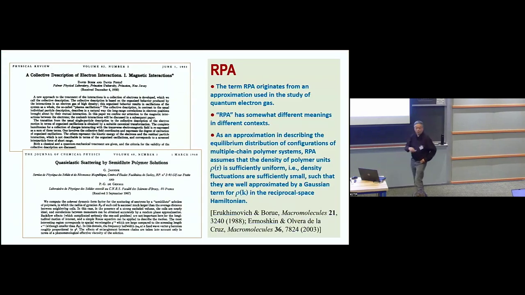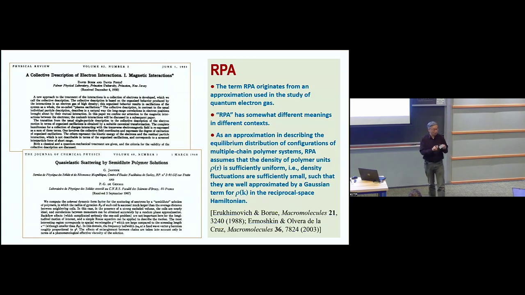Just a few historical notes. The term random phase approximation is mysterious. It first appeared in a study in 1951 of the quantum electron gas, where this term was introduced. But of course, there are quite different kinds of meaning. Later on, like in this paper by Edwards, it was used to describe an approximation to deal with excluded volume.